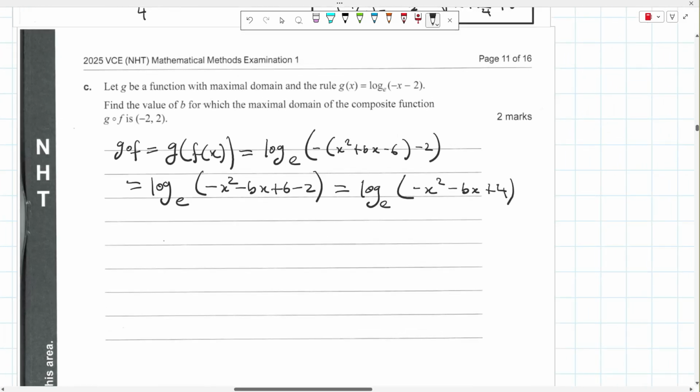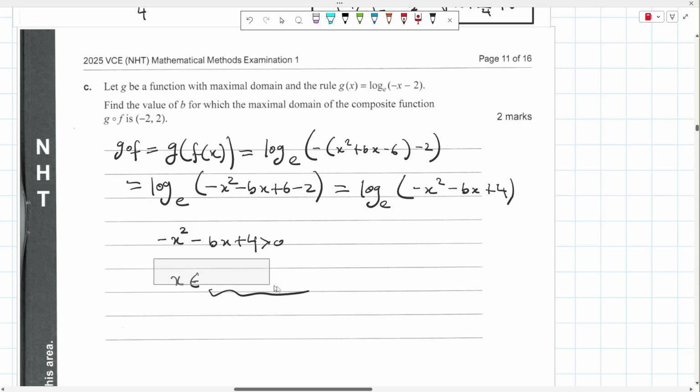I'm guessing what most people would do is they would find when the inside function is greater than 0, because anything inside a log has to be greater than 0, right? So they would find when this is greater than 0, then they would get some x values, and that would be your domain. This time we're going to go backwards, right?